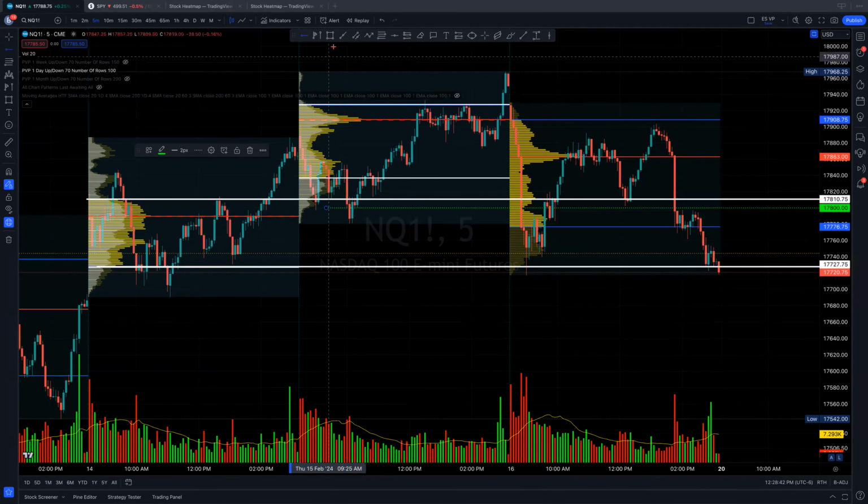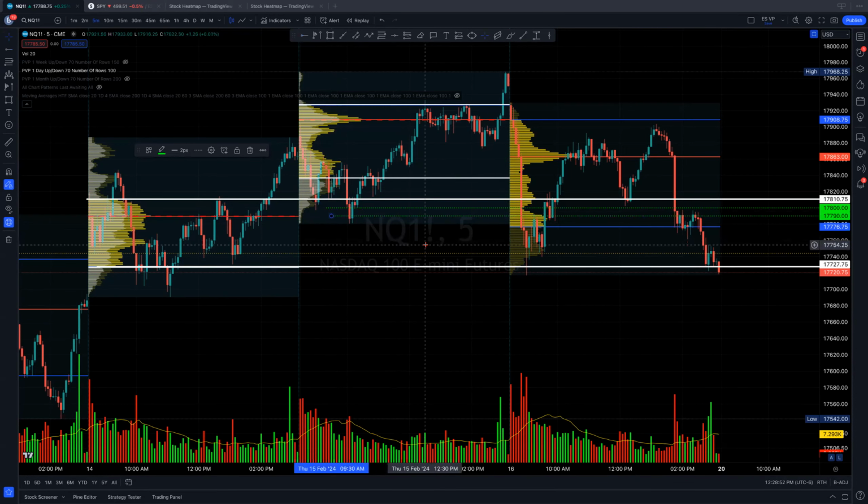Okay, and this was the level that bears needed to hold, 790. Okay, guys, so why did I choose 17,800 as a level for the bulls and 17,790 as a level for the bears?